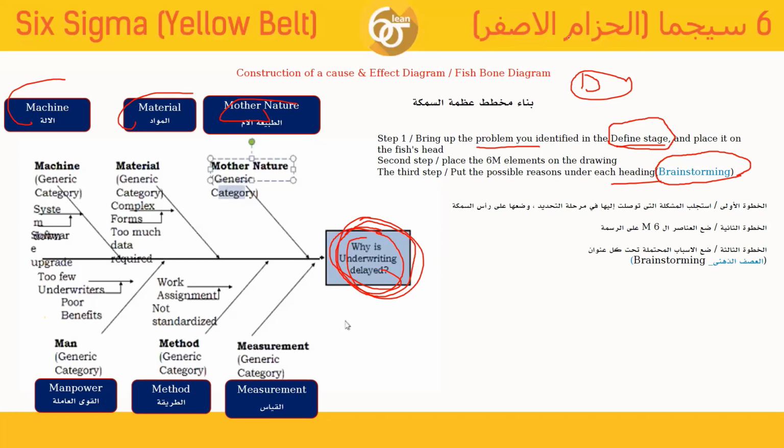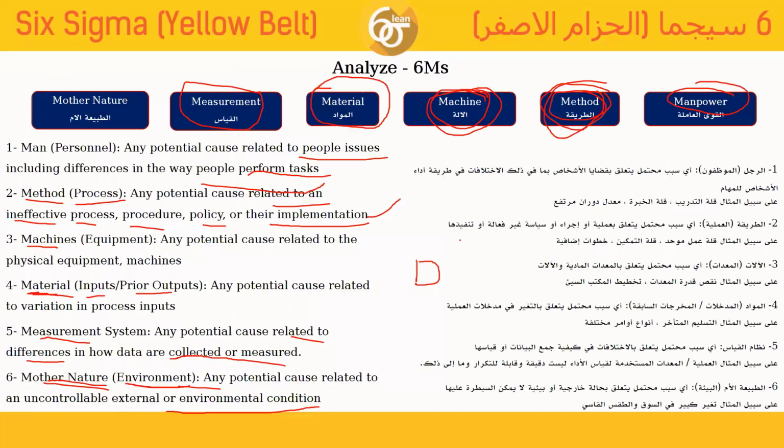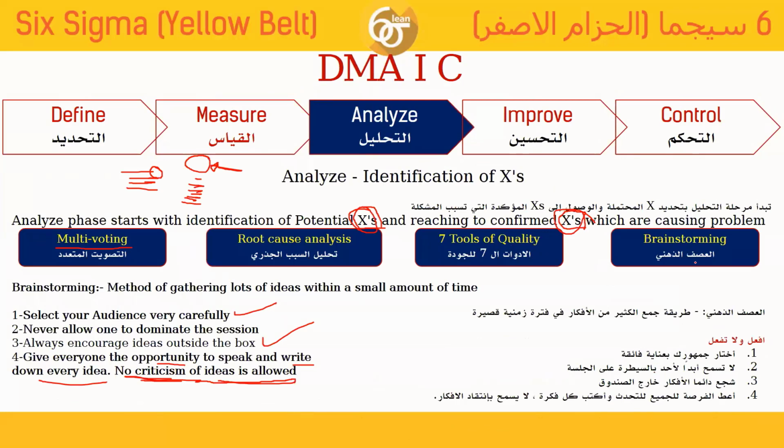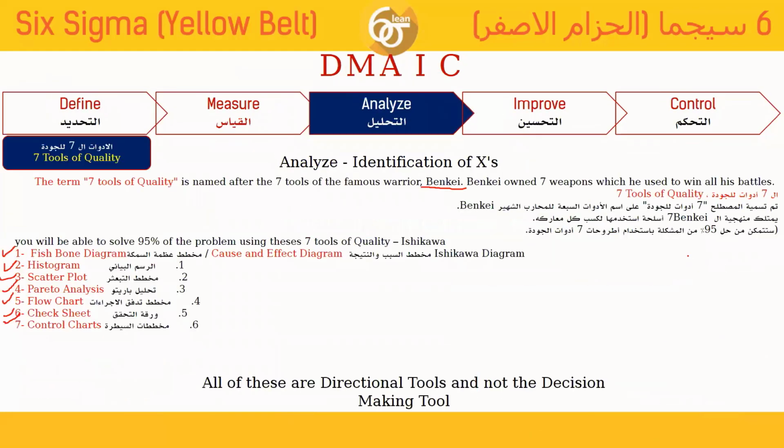Nawaz is saying this method is time consuming. Yeah, time consuming, because no need to go for the other tools. We said there are 7 tools of quality. If 50% of the root cause comes only from the fishbone, don't waste your time on the other 6.